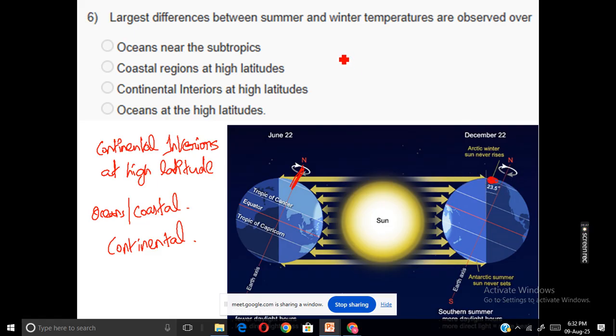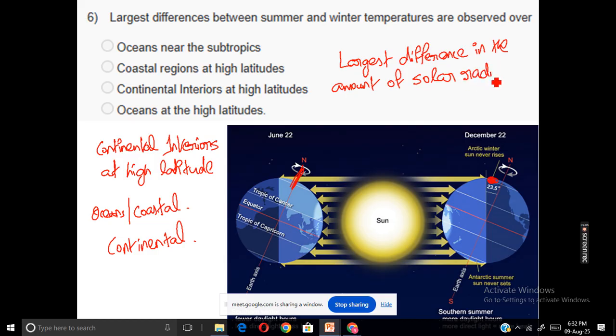So the largest difference in the amount of solar radiation received during summer and winter is for the high latitude regions.